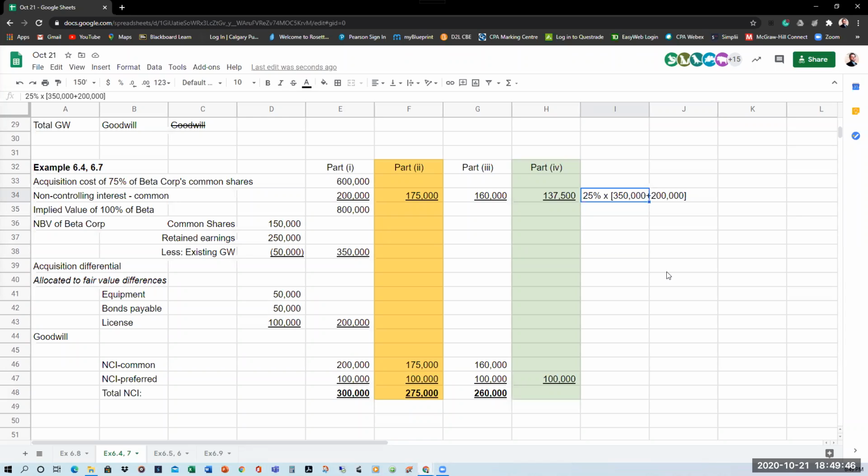Sure? All right. So to just wrap up part 4 then, NCI common is 137,500. Add to that the $100,000 for the NCI preferred, and we get total non-controlling interest in terms of part 4, the INA method, 237,500.